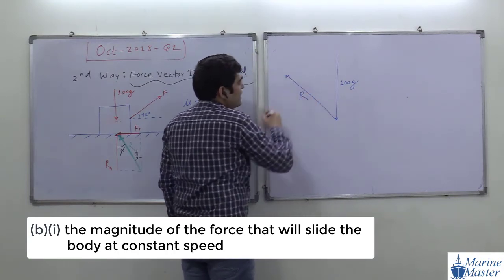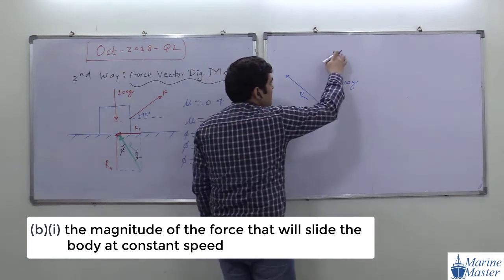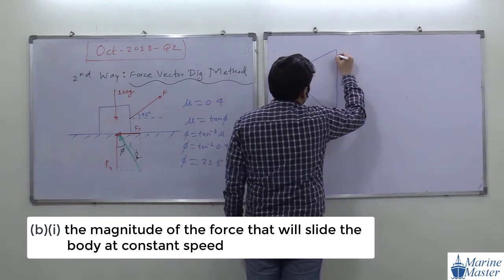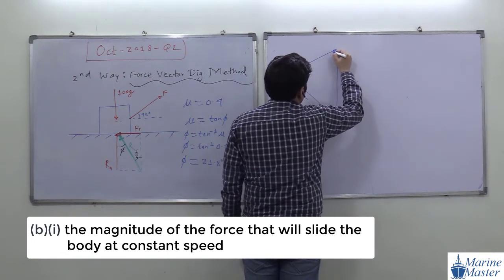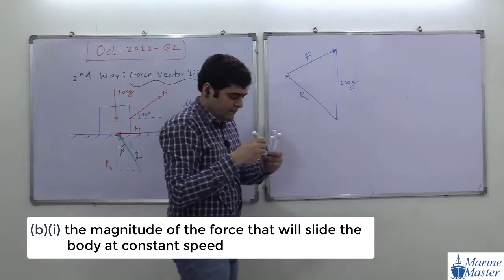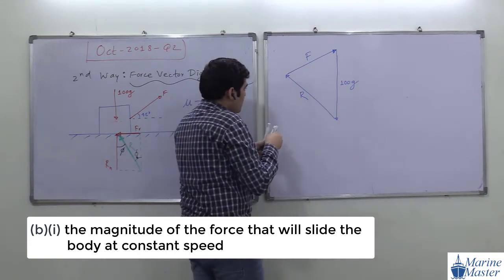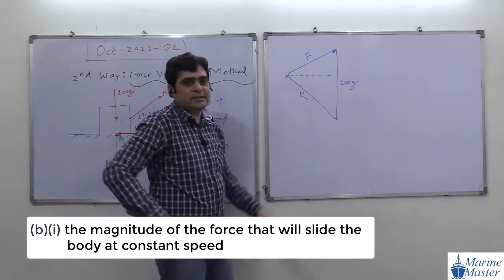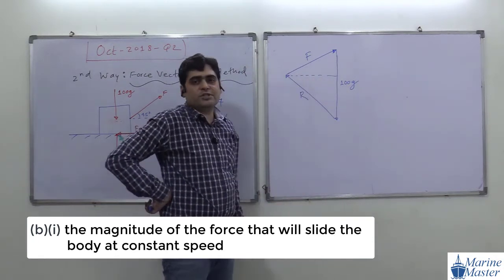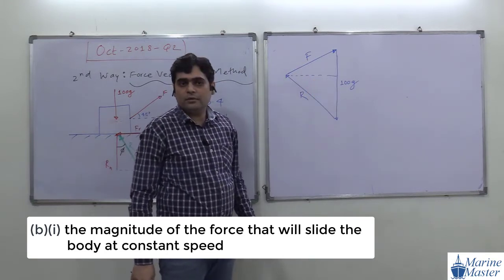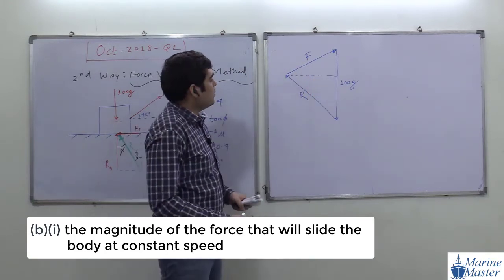And where R ended, which force should start? This force will be F. Try to see the point here. Now from this point, I am going to draw one dotted line. Any doubt in this drawing first of all? Now what angle is this F making?